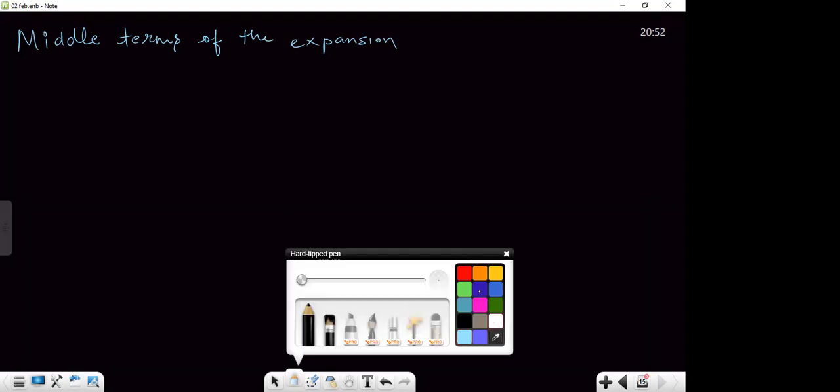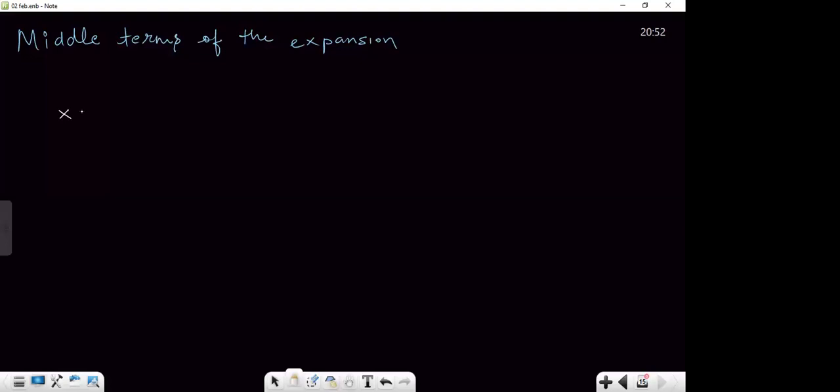So we know that for any expansion x plus y raised to power n, there are n plus 1 terms. So we will discuss if n is a natural number. So n can be an odd natural number or an even natural number.